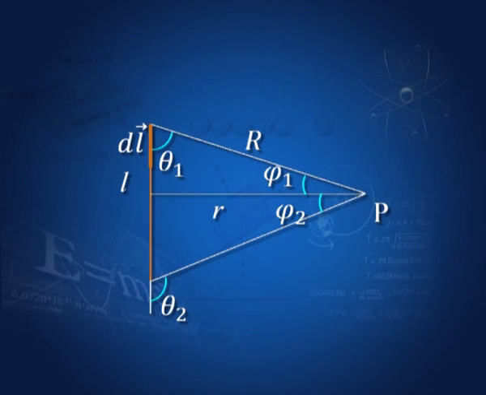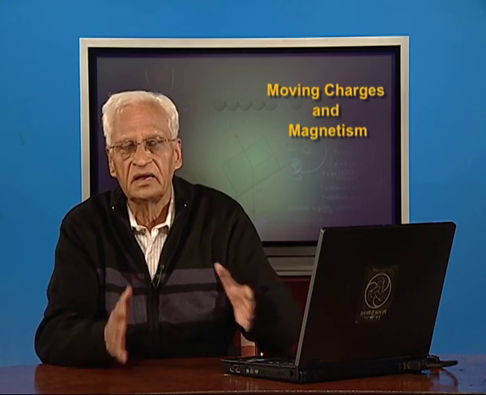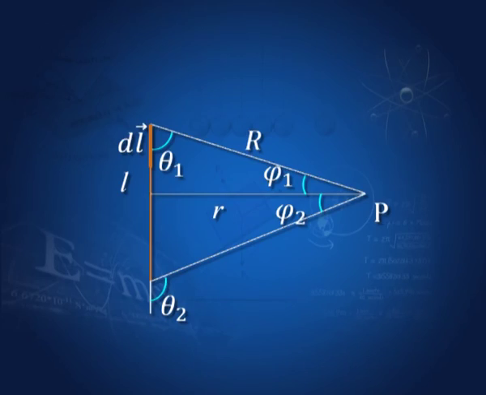These angles are phi 1, phi 2, and this is the point P at which we want to find the magnetic field. In the last problem we did not find the direction, but now the direction is given by the right hand screw rule. So, you can apply the screw rule and find the direction of the magnetic field.